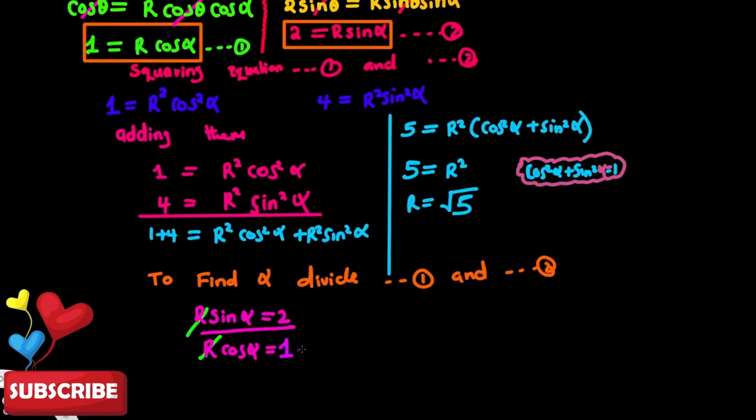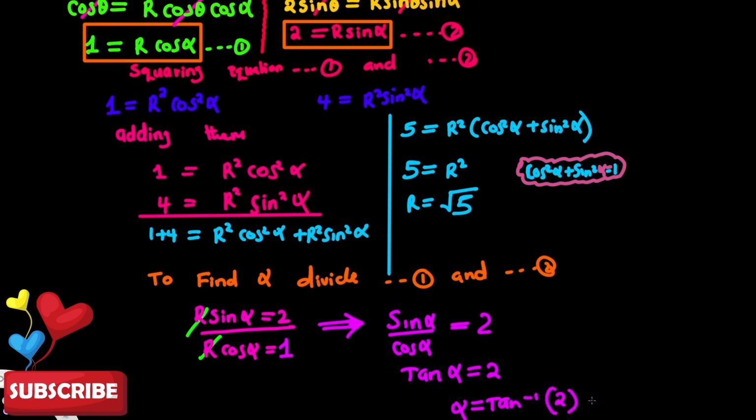Then r and r will cancel out. We end up having sine alpha over cos alpha equals 2. And this part is going to become tan. So tan alpha equals 2. Therefore, alpha becomes the tan inverse of 2.